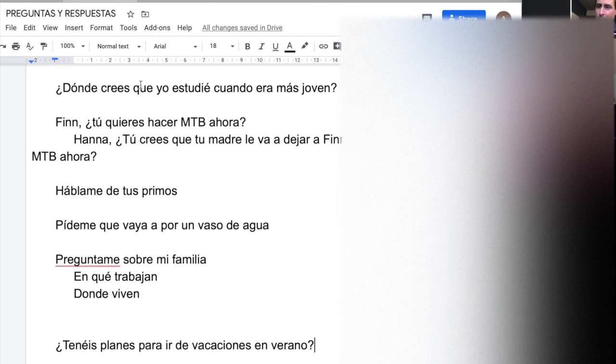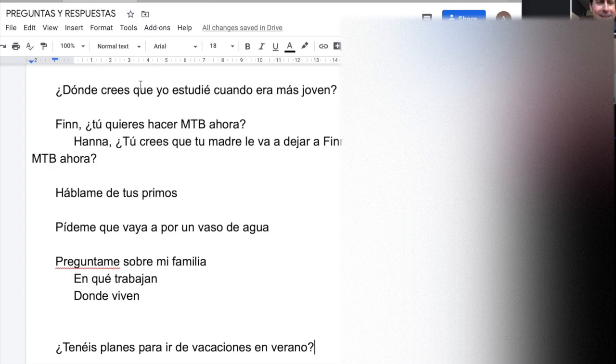Vale, Finn, tengo una pregunta para ti. ¿Tú, Finn, quieres hacer mountain bike hoy? ¿Tú quieres hacer mountain bike ahora? Sí, yo quiero mountain bike ahora. Vale, pero... Hannah, ¿tú crees que tu madre le va a dejar a Finn ir a hacer mountain bike ahora?